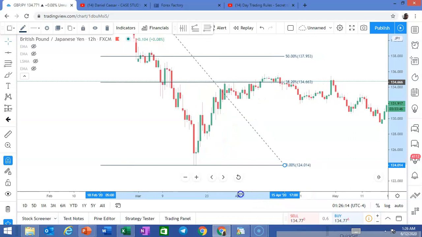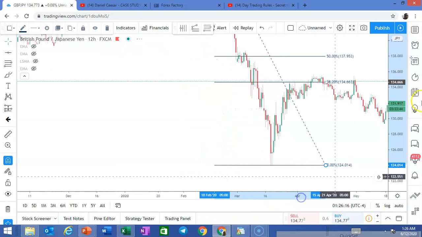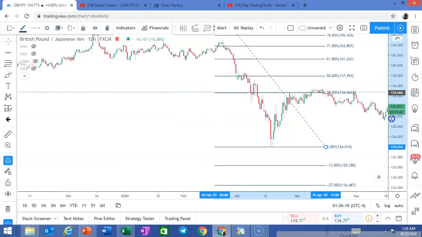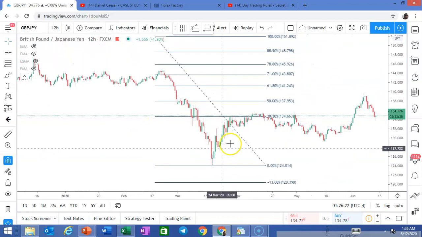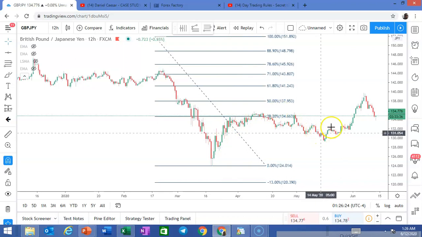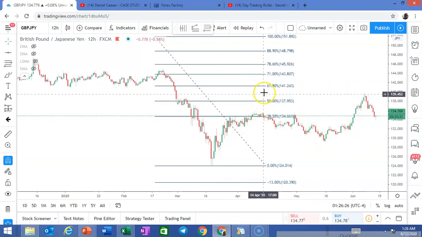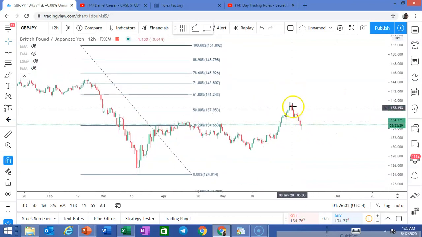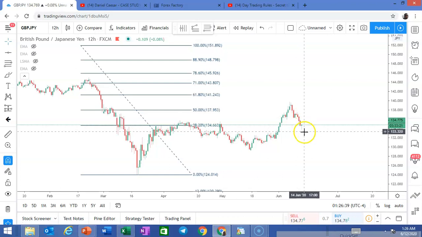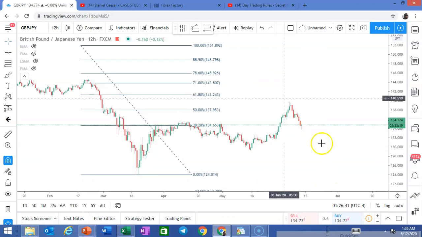So that's an impulsive move down. We got a 3/8 retracement, right? And it pretty much went and then hit the 50, between the 50 and the 61. And this may be continuing down. This may actually be a downward continuation.